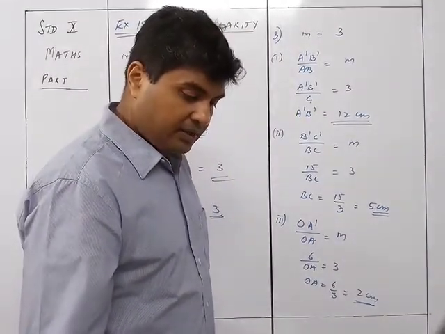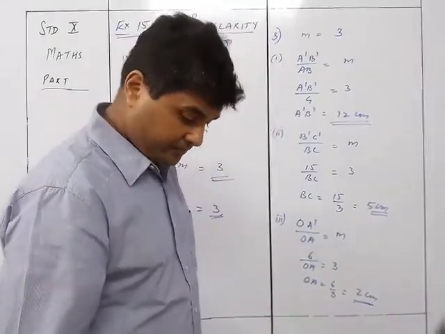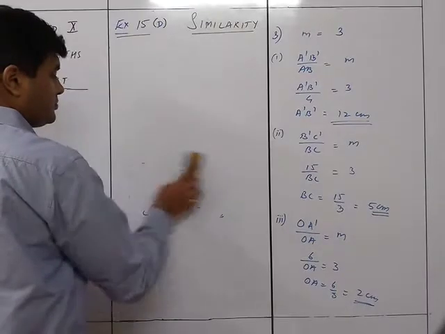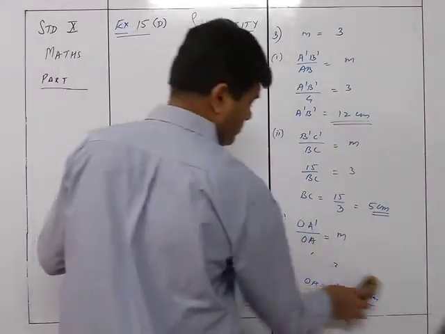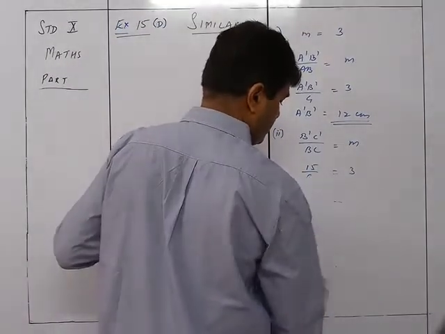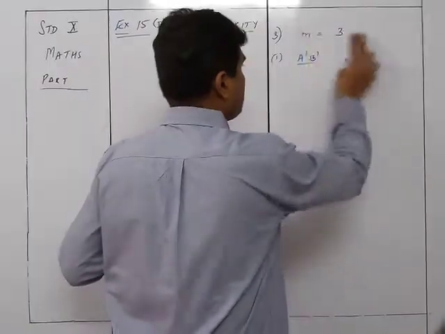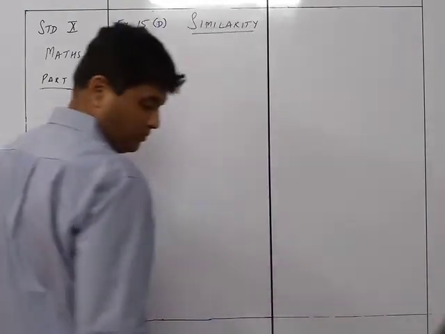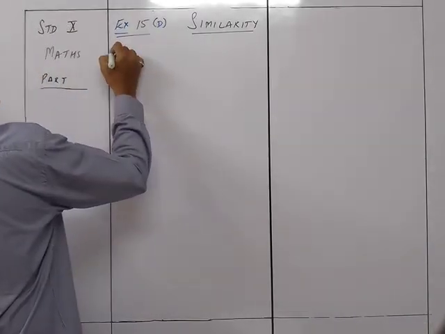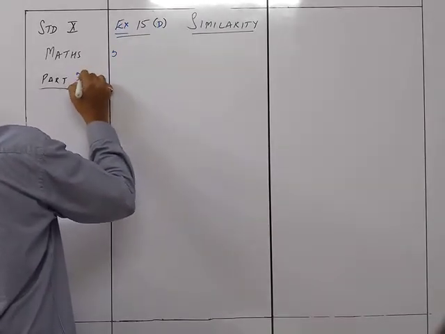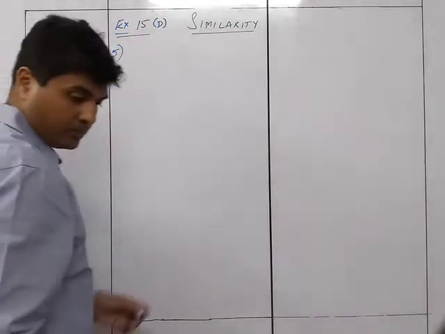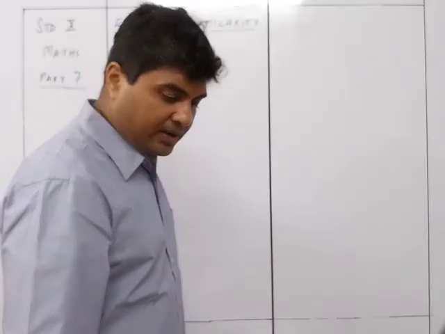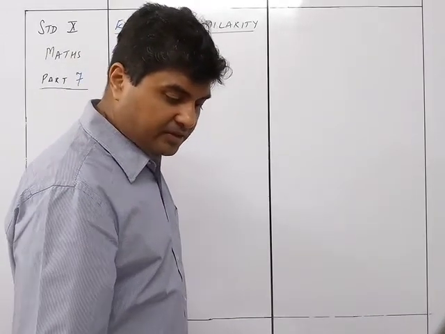We now have sum number 5. The dimensions of a model of a multi-story building are 1.2 meters, 75 centimeters and 2 meters.